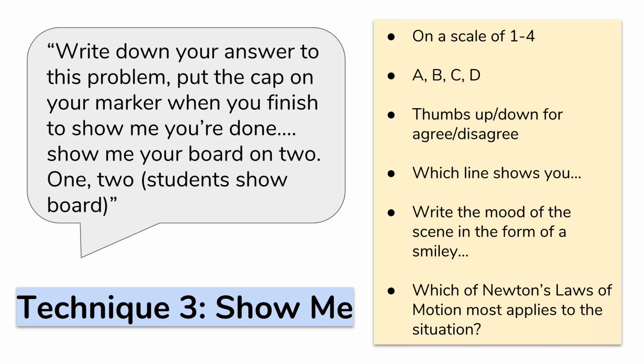Write the mood of the scene in the form of a smiley. Or which of Newton's laws of motion most applies to the situation, where you show them different images or situations and then they write which of Newton's laws would apply. These are, of course, certainly not all of the options. These are just some ideas that you could use with the Show Me technique.